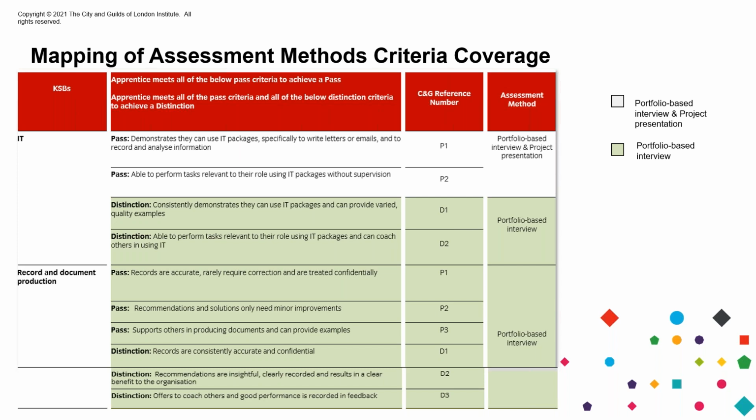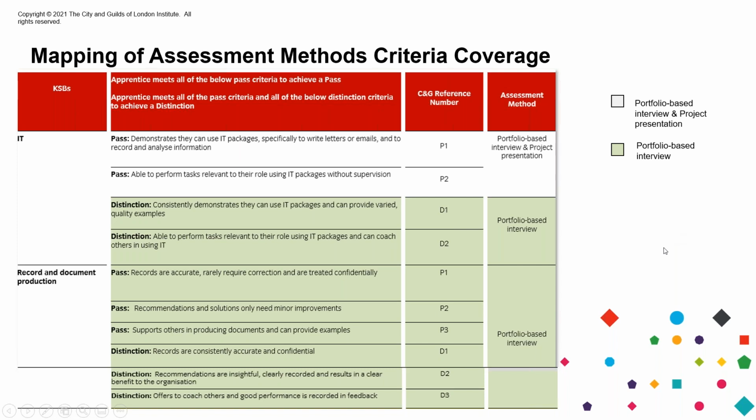If instead we look at record and document production, this module is assessed in one single assessment method, the portfolio-based interview, which is highlighted in green. Anything highlighted in green will be assessed within the portfolio-based interview only. So all the passes, pass 1, pass 2 and pass 3, and all the distinctions are within this assessment method only.